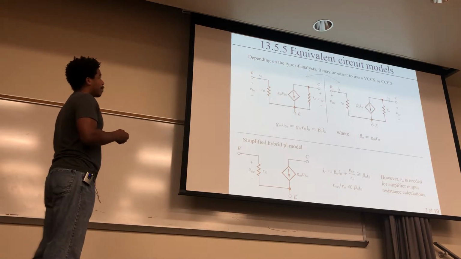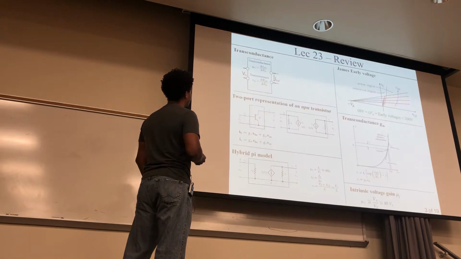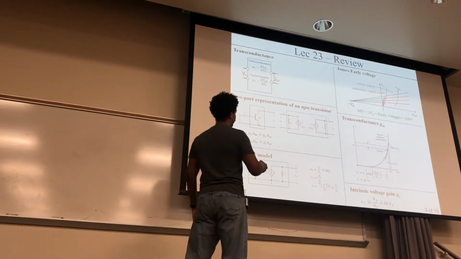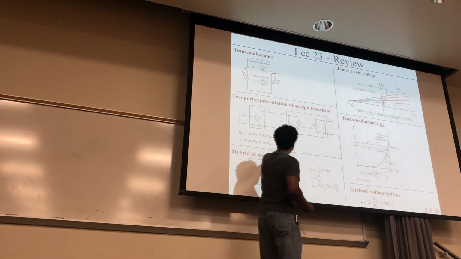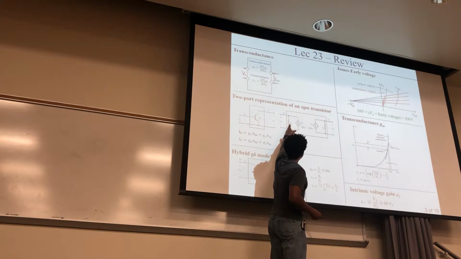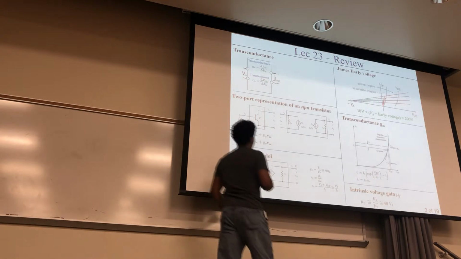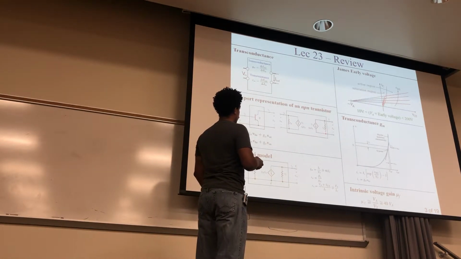And what the hybrid pi model is, let me back up a little bit, where we had the original, right? So in the original, you see the pi resistance, R pi, right here. Then you have G mu and voltage CE right there, and that is controlled by that voltage. But you see, it is symmetric on both sides, okay?